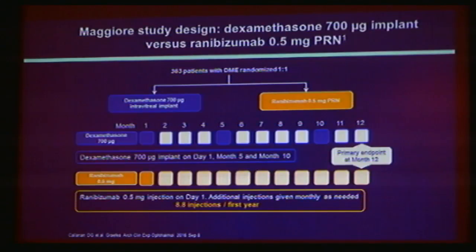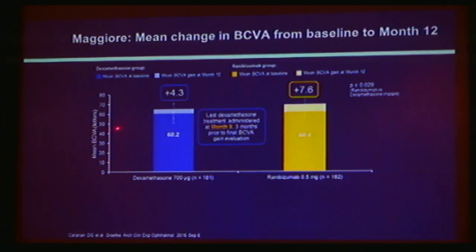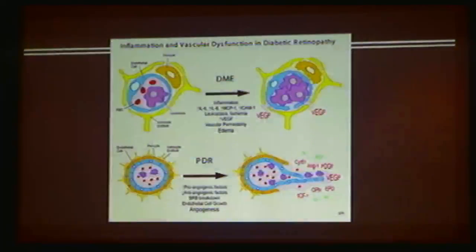You can show the opposite, or you can change things. Even with this unfair trial design, for the same baseline visual acuity, the visual gains were much better for those patients treated with ranibizumab. Although you need to do more injections, you need to see them more often, and it's a different treatment, the visual gains are much, much better in these type of patients.